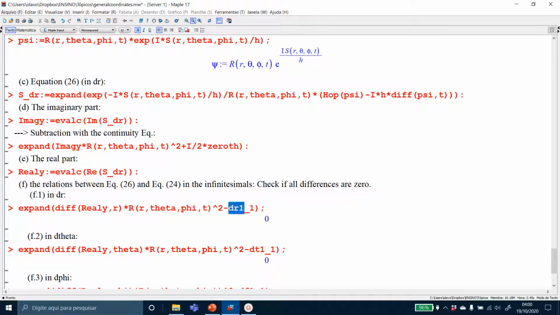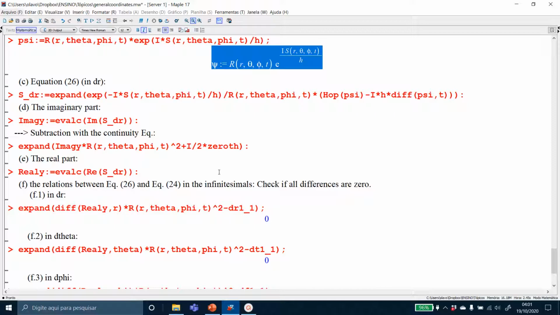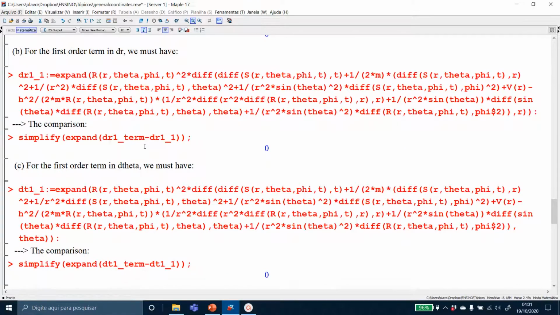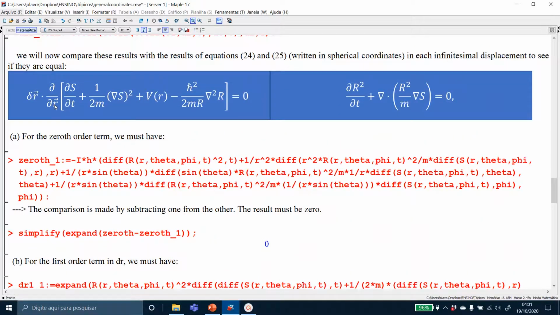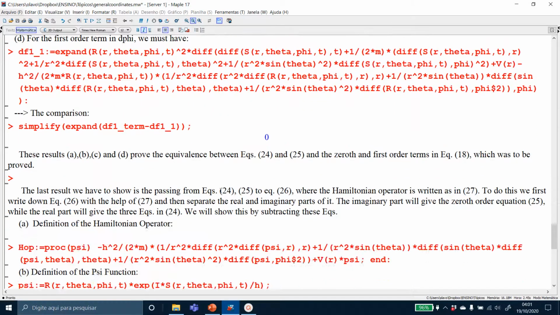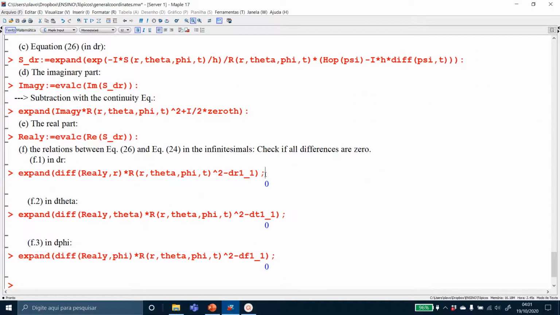That is, this is the term that comes from the application of the quantization method, and this is the term that comes from the use of this expression, the Schrödinger equation, and taking dr derived with respect to r, scalar. So this also must be zero if we have the correct result.